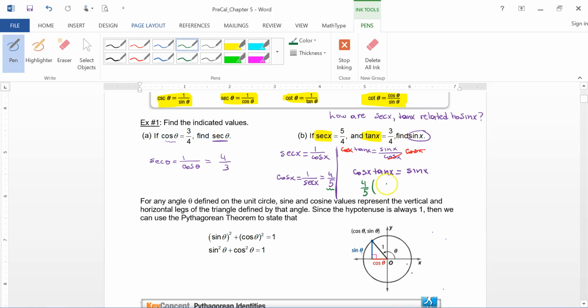Tangent of x is 3 over 4. Meaning, sine of x is 3 over 5. Now, you can skip a lot of the intermediate steps. I just did it this way to show you guys the line of thinking. But yeah, you could skip a lot of the intermediate steps.